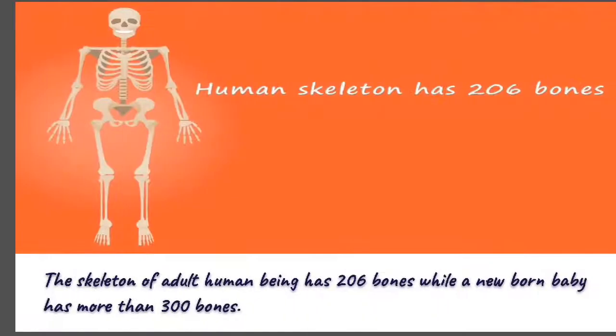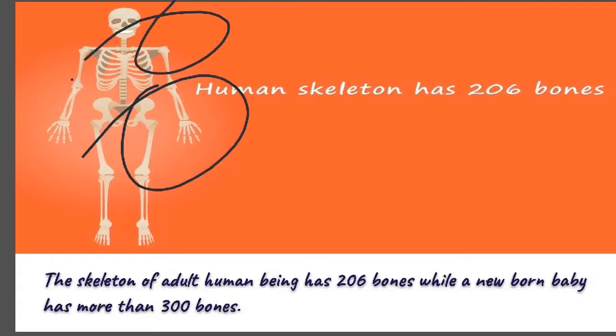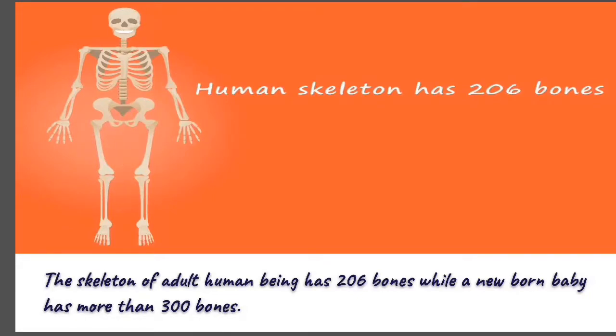Now we should know that if it is a frame, it must be a collection of bones. So many bones collectively form a structure, and these bones collectively form the skeleton system. We should know how many bones there are in total forming this whole structure.